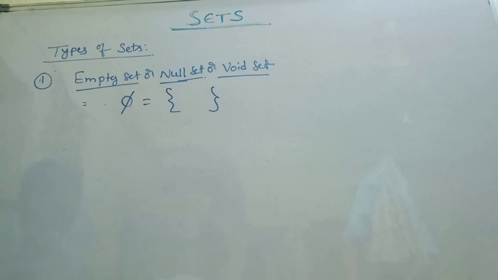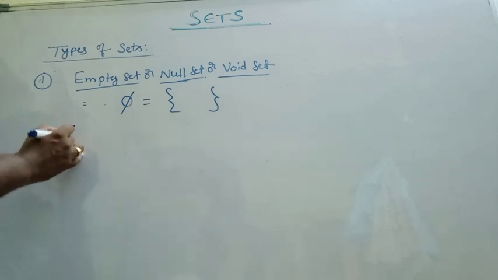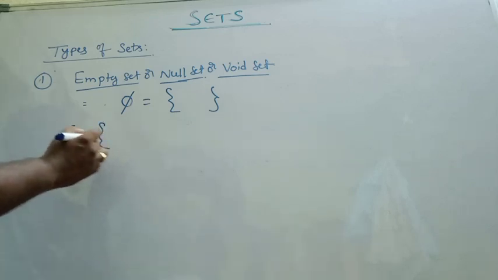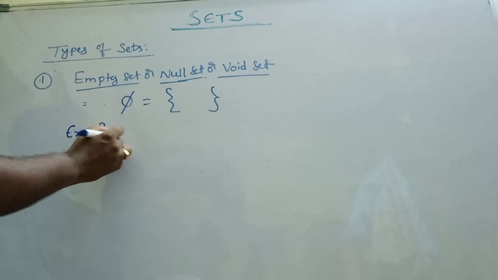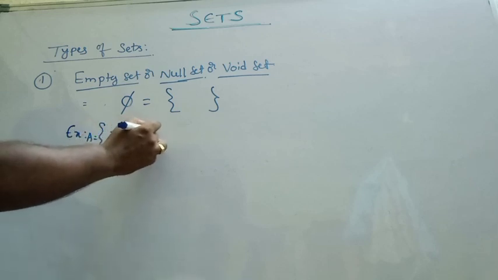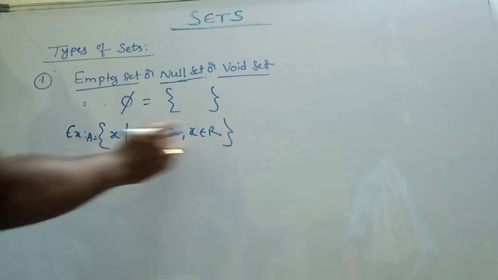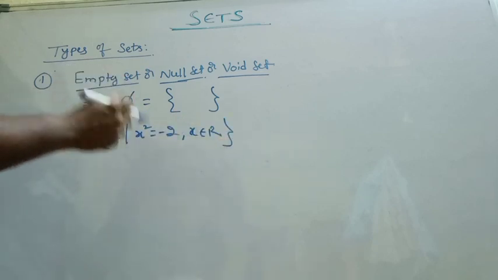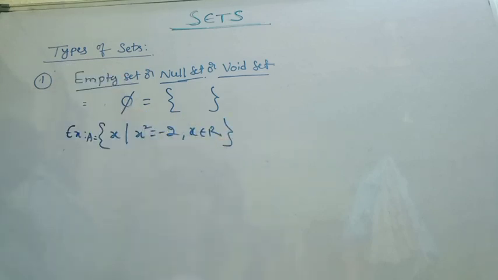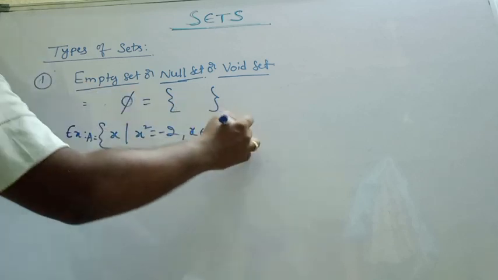For example, let us take many examples like that. For example one, set A is equal to x such that x squared equals minus 2, where x belongs to real numbers. Is it possible that a perfect square will ever be equal to minus 2? Never. That's why this is an empty set.